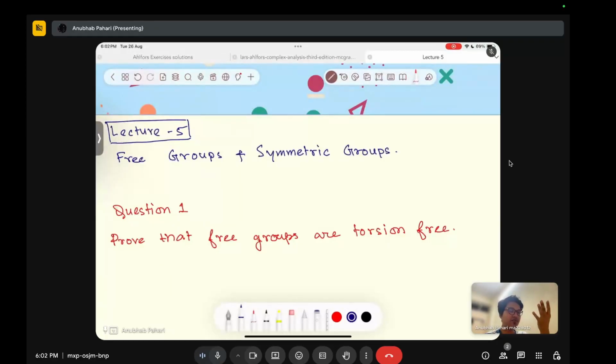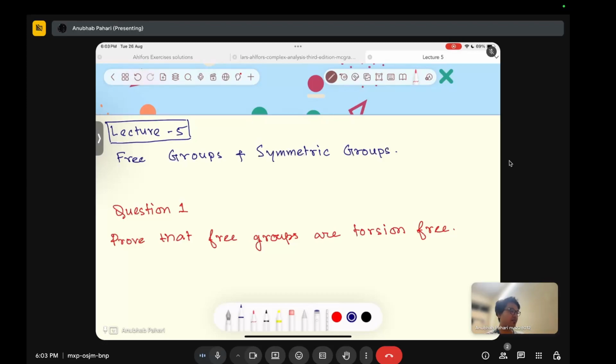A free group is a quotient, a collection of equivalence classes, where the equivalence relation is defined by going from one word to another by a finite number of operations, that is, introducing x times x inverse in between the elements.